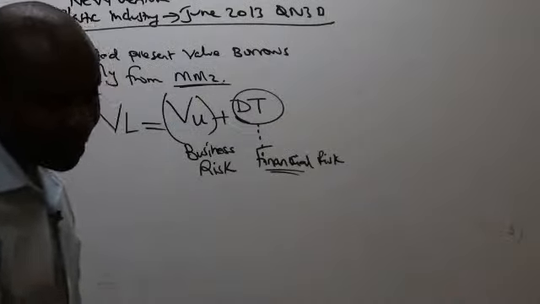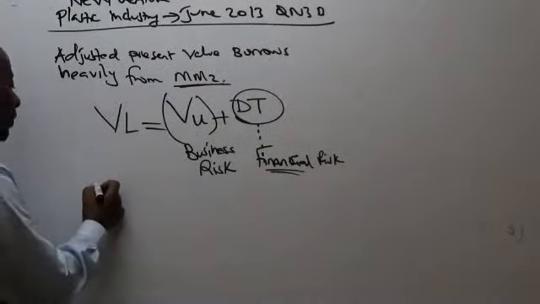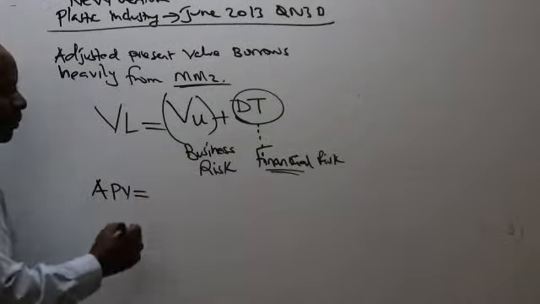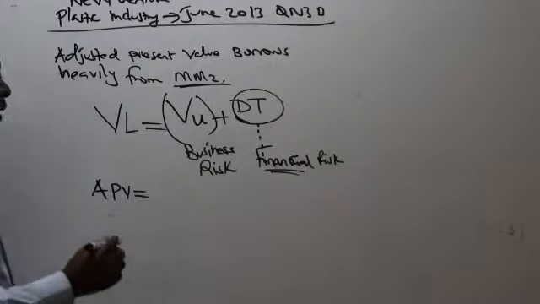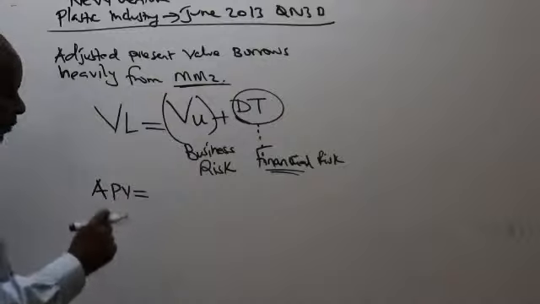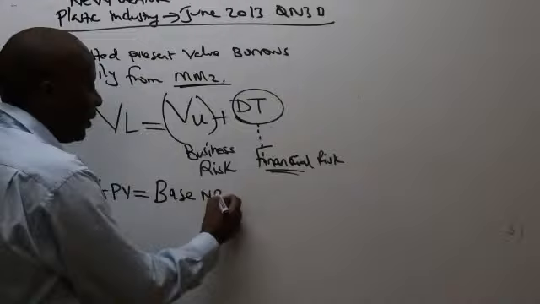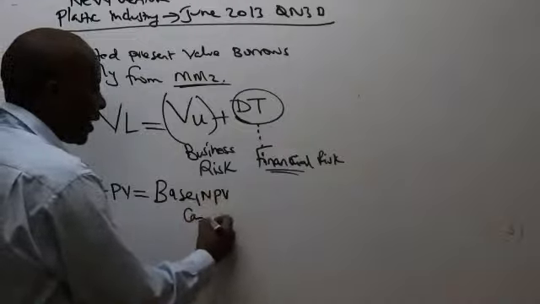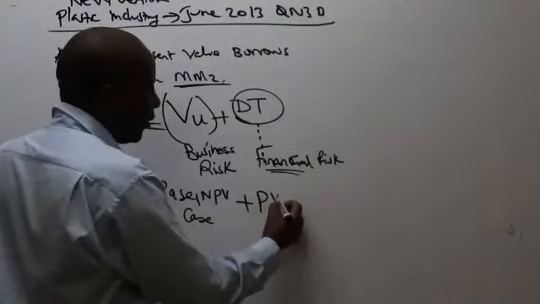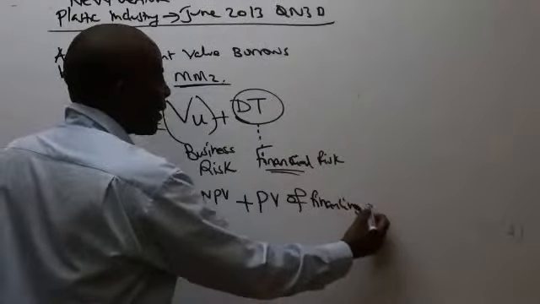And that is why the APV, adjusted present value, will always be equal to, anytime we talk of adjusted present value, we'll always take the base NPV, the base case. It's base case net present value plus present value of what here? Financing effects.